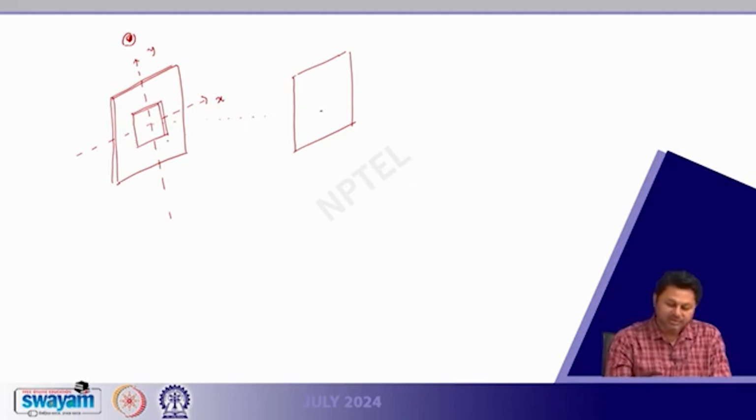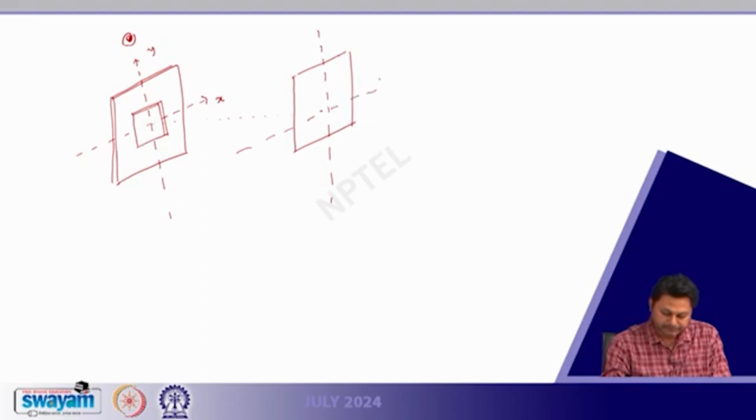Due to this aperture we try to find out how the distribution one can expect on the screen at different coordinates, big X, big Y.